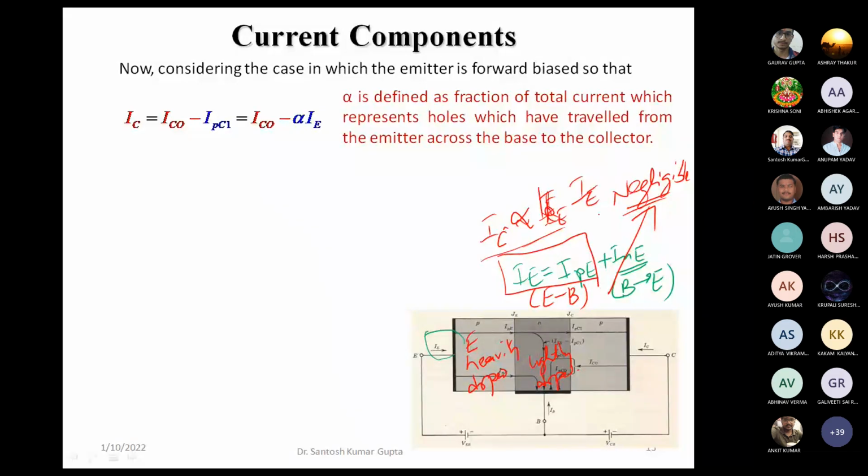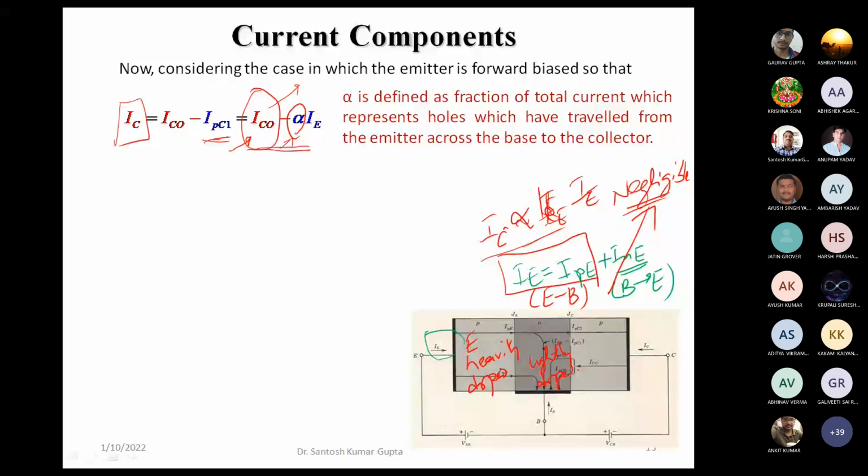If we remove this sign of proportionality, then we say that a part of it is being collected, and that part which is collected is represented by alpha here. Apart from this part of the carriers injected from the emitter into the base, some current always flows through the collector junction, even when it is reverse biased, that is the reverse saturation current ICO. So the algebraic sum of these two current components forms the collector current. That's what is written here.